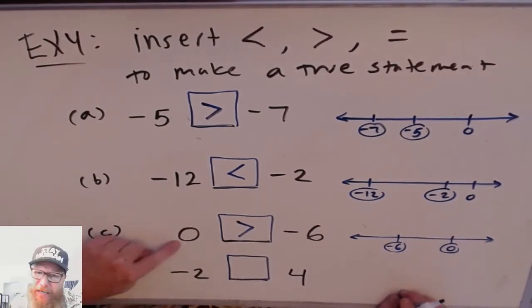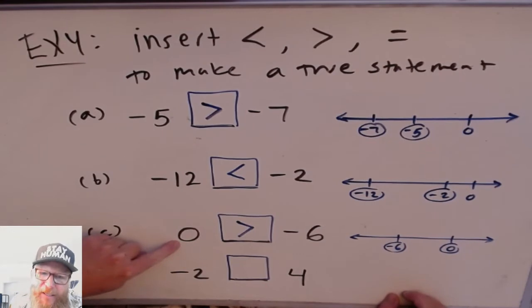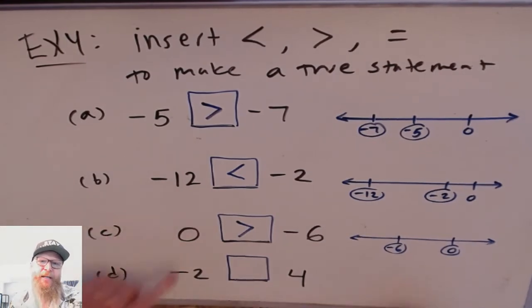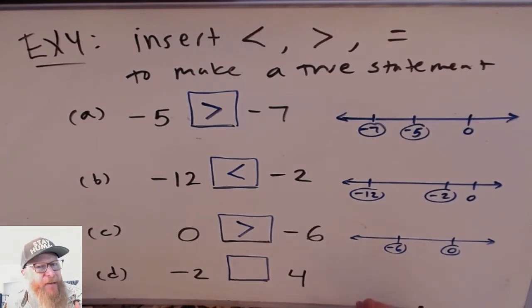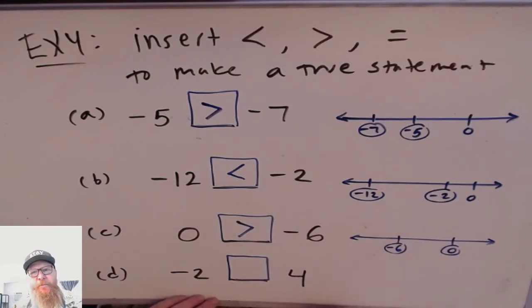By the way, you just might as well memorize this. 0 is always greater than every negative number. In other words, it's better to have nothing. It's greater to have nothing than it is to owe 6, or 6 million, or 6,000. You also might as well memorize this.